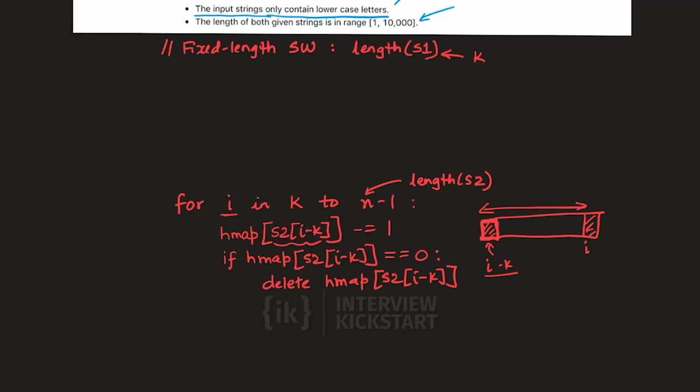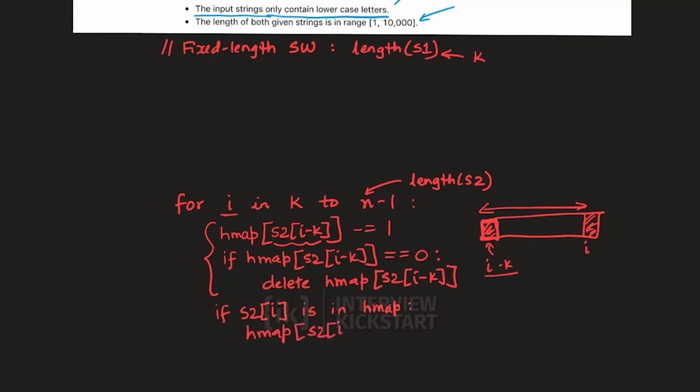And so this part deals with kicking out the leftmost character, and now we have to add the rightmost character. If the rightmost character, which is S2 of I, already exists in the hash map, then we just have to increase its frequency by 1.